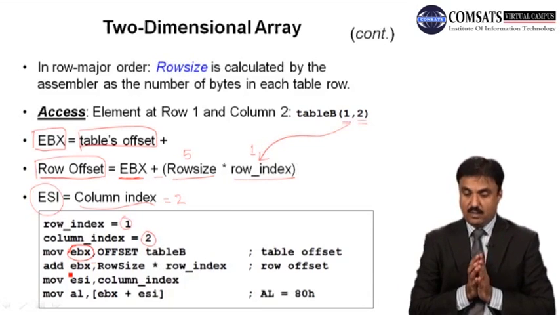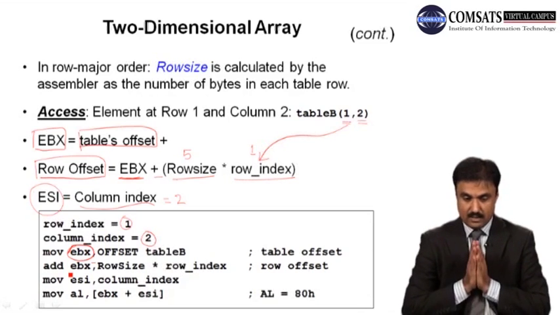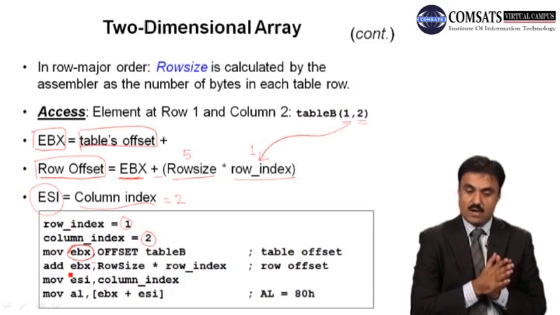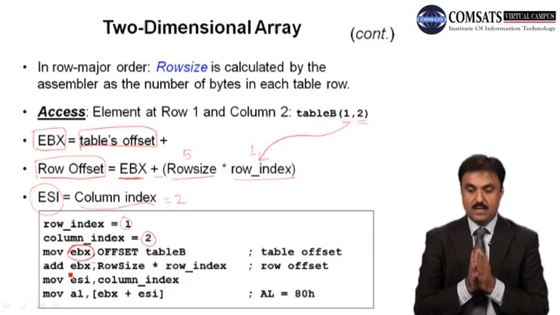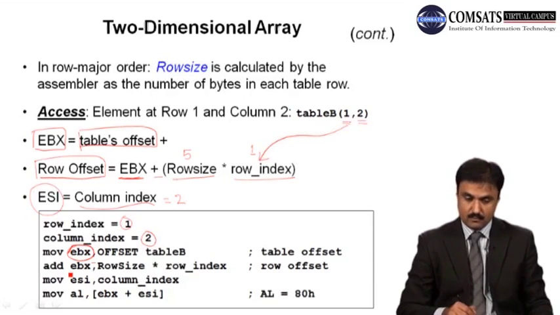Just remember one thing: we are using indexing from 0, row 0, row 1, row 2, and so on. So we are actually accessing the second row, but we use 1 as the index.